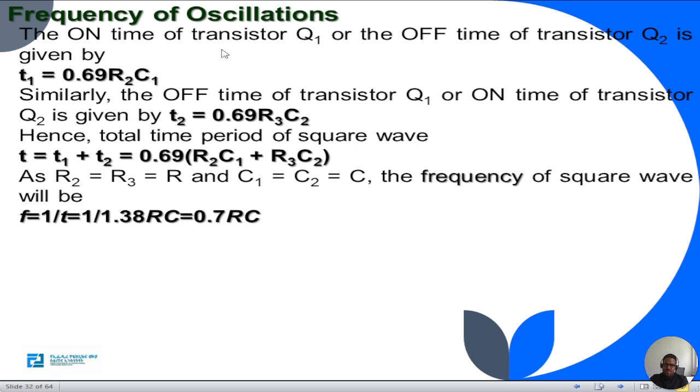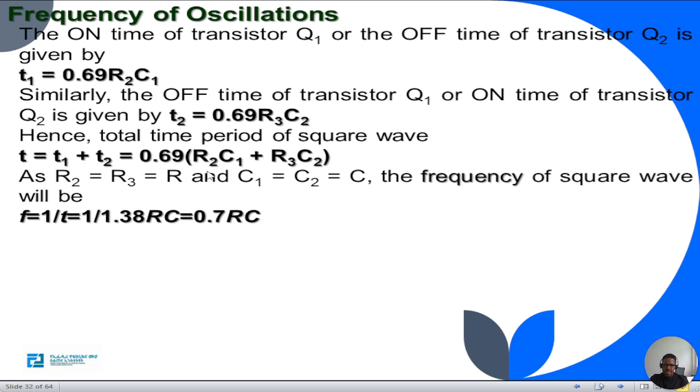Now the frequency of oscillation. The on-time period of transistor Q1, or the off-time of transistor Q2, is given by T1 equals 0.69 R2 C1. Similarly, the off-time of transistor Q1, or the on-time of transistor Q2, is given by T2 equals 0.69 R3 C2. Hence the total time period of the square wave is T1 plus T2.